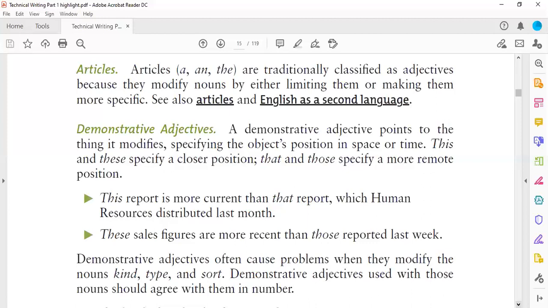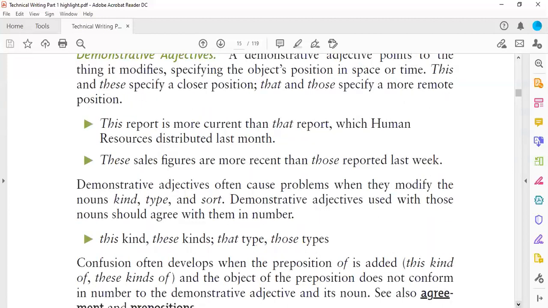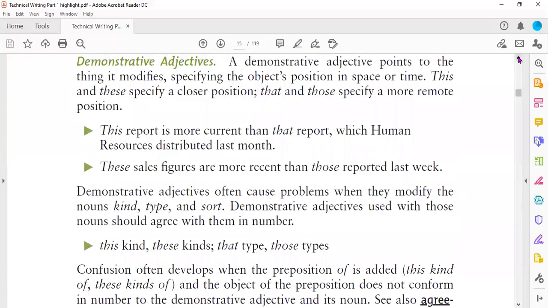Demonstrative adjectives. A demonstrative adjective points to the things that it modifies, specifying the object's position in space or time. This and these specify a closer position. That and those specify a more remote position. I think you are familiar with this and that, those and these.